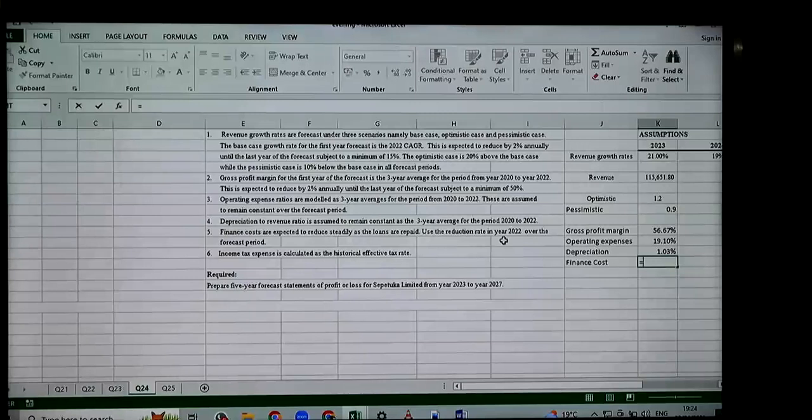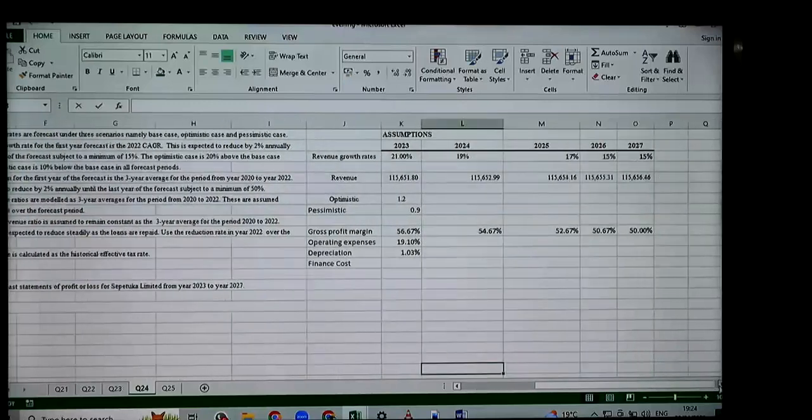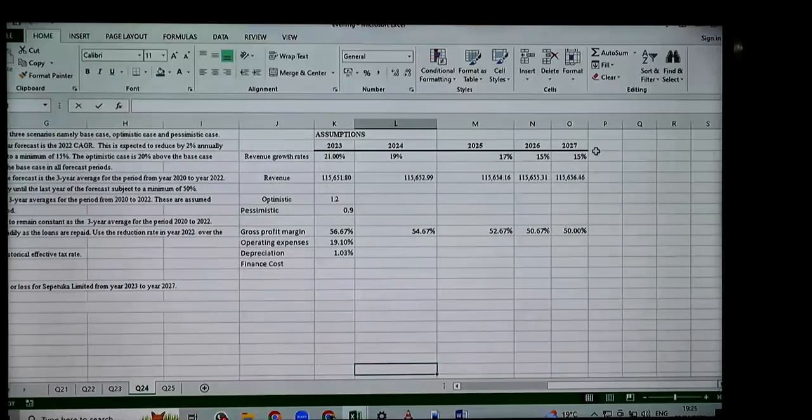Okay, the minimum of 15. Yes, it was a minimum of 15. Sorry, let me wrap this one. Or what was the question? Yes, it was a minimum of 15, and this second one was at a minimum of 50, the gross profit.